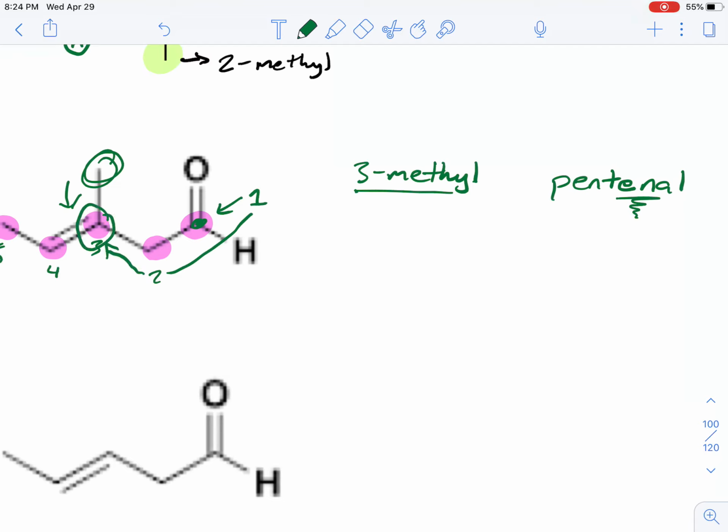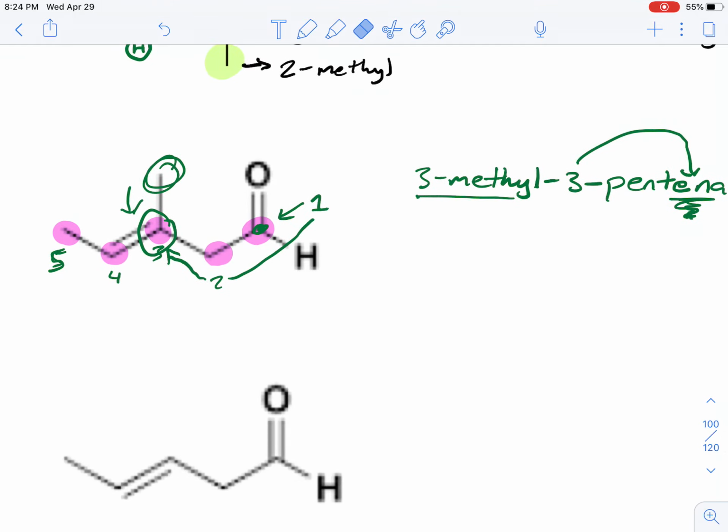And oh, look, there is a double bond that starts at carbon number 3. And so I'm going to put 3-3-pentenal. And so this 3 tells the reader that a double bond starts at carbon number 3. And on that same carbon, there's also a methyl group.